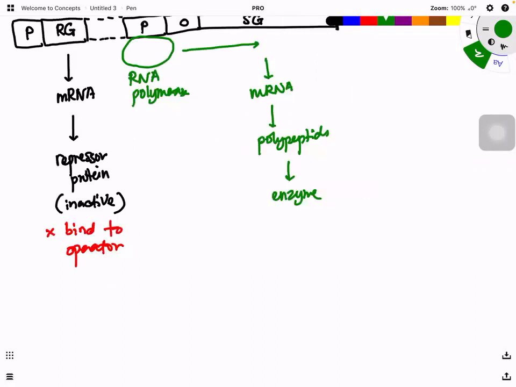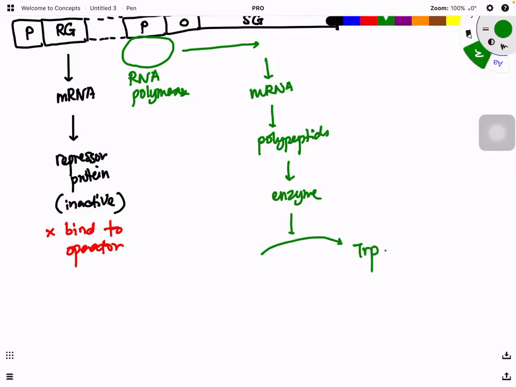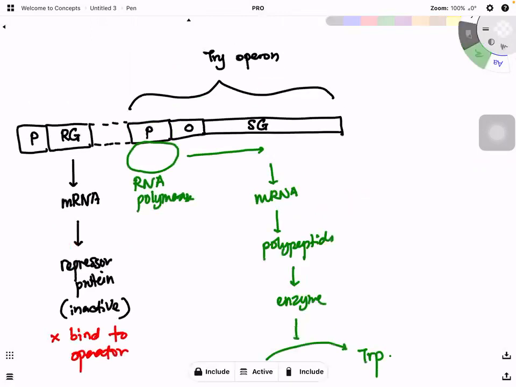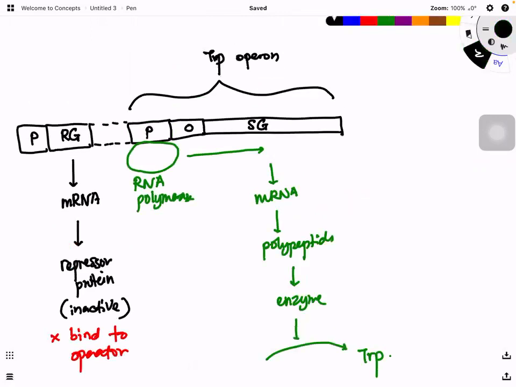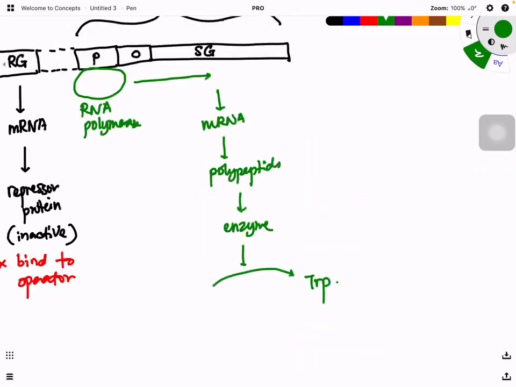This enzyme allows the bacteria to form tryptophan, Trp. Okay, so why in this case? Because the bacteria need tryptophan.